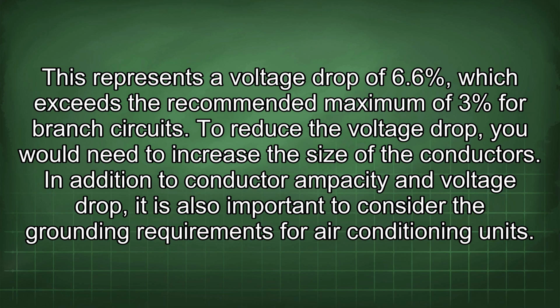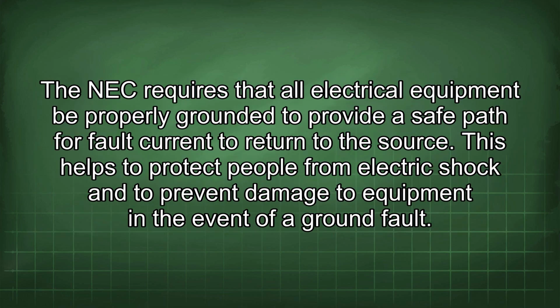In addition to conductor ampacity and voltage drop, it is also important to consider the grounding requirements for air conditioning units. The NEC requires that all electrical equipment be properly grounded to provide a safe path for fault current to return to the source. This helps to protect people from electric shock and to prevent damage to equipment in the event of a ground fault.